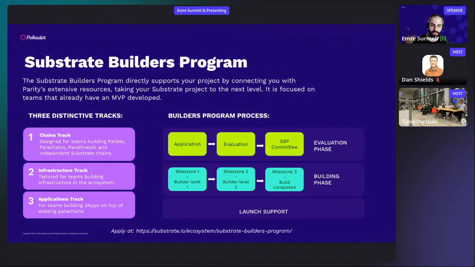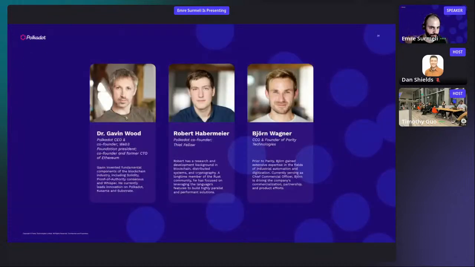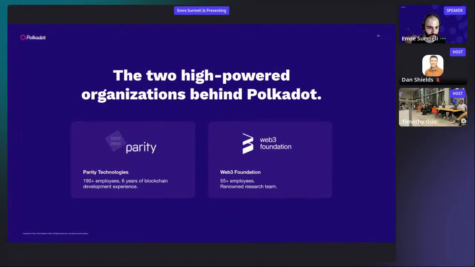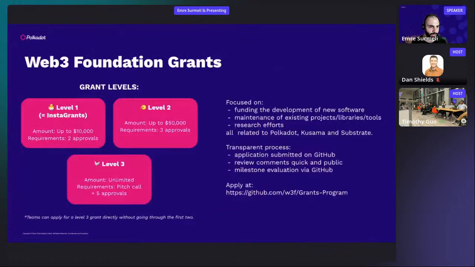If you have a good idea, if you have a dApp that comes out of this class and you want to take it to the next level, there's a lot of opportunity to make it a legitimate project. On top of that, Web3 Foundation has grants.